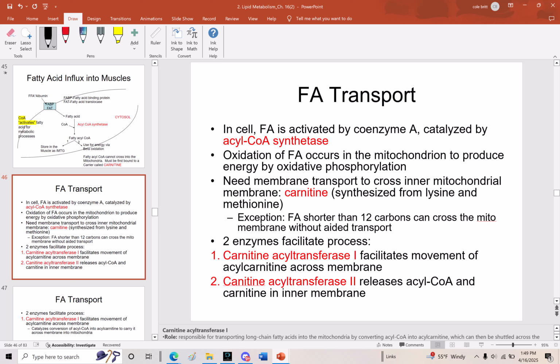But if it's a little one, then it can pass through without a problem. And there's two enzymes, and they're really easy to remember because they're called carnitine acyl transferase. So acyl is the fatty acid, and transferase is what they're doing into the mitochondria.